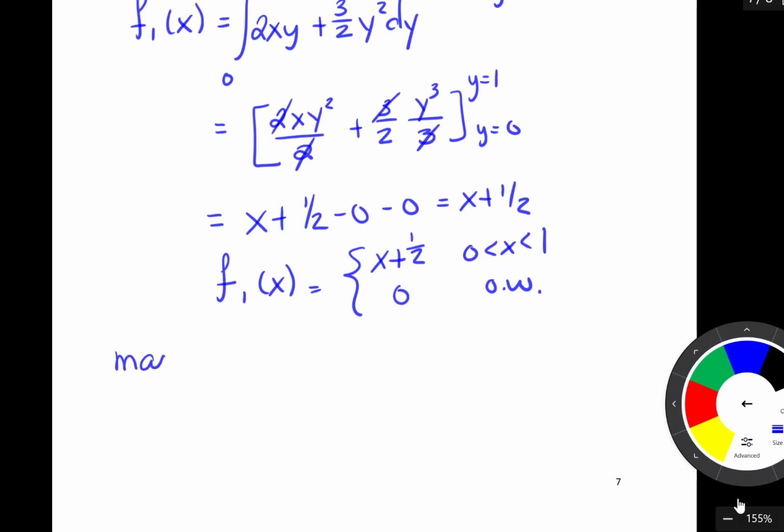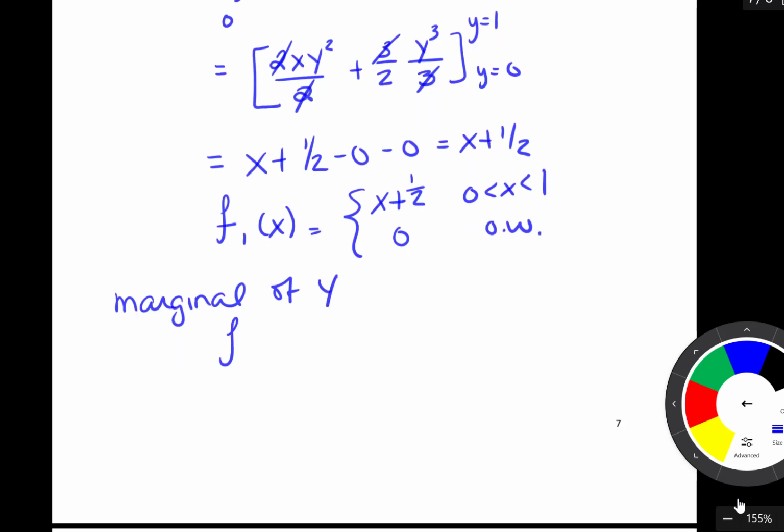We could do something very similar to find the marginal distribution of y, and I'm going to let you try this one on your own, but you should find that the marginal distribution of y is equal to y plus 3 halves y squared, for y between 0 and 1, and 0 otherwise.